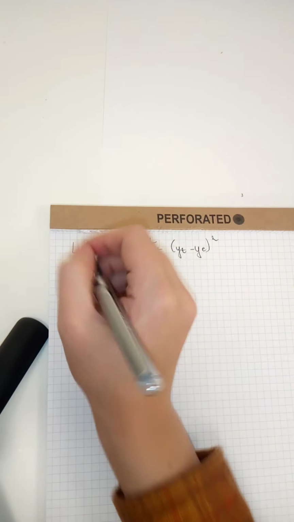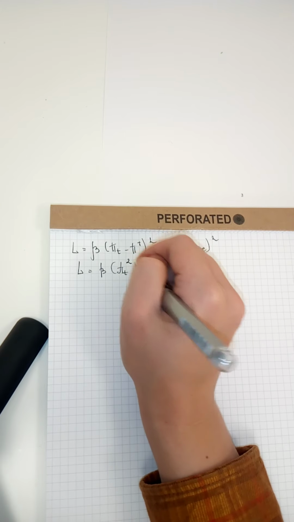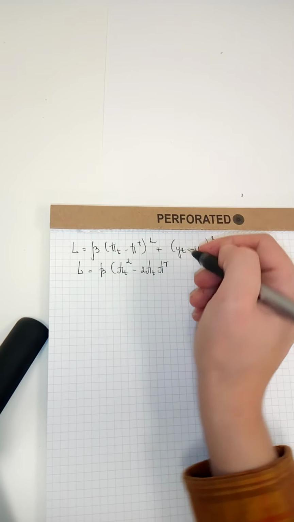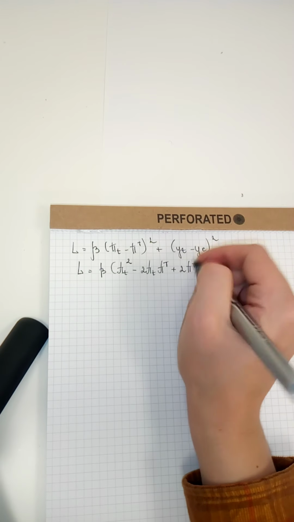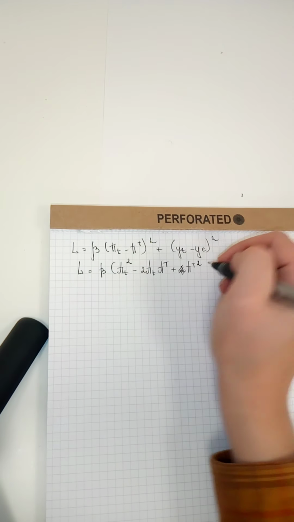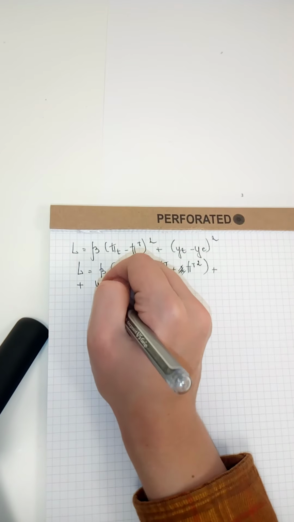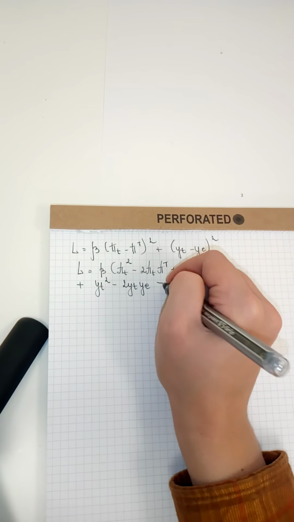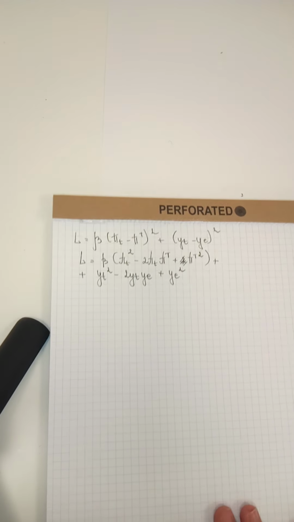So when you open the brackets, you will get L equal to beta times pi t squared minus 2 pi t pi tau, plus pi tau squared, plus yt squared minus 2 yt ye plus ye squared. Is it visible? Yes, it's still visible.